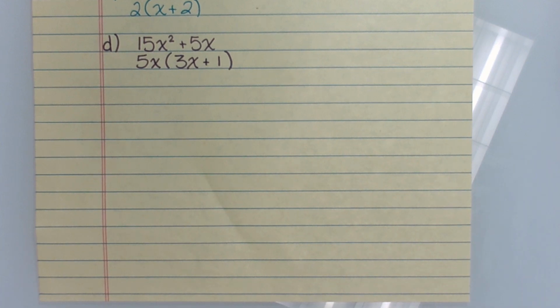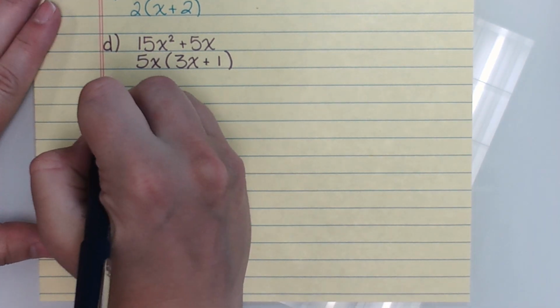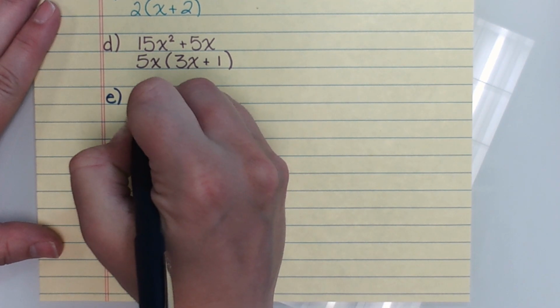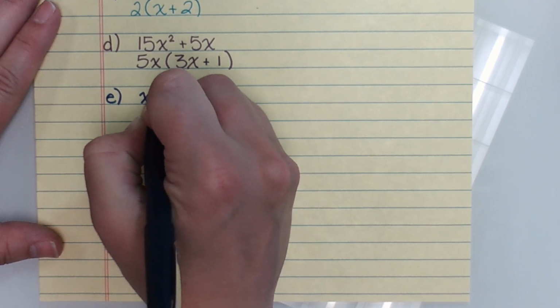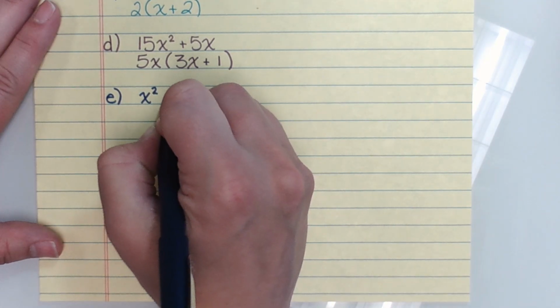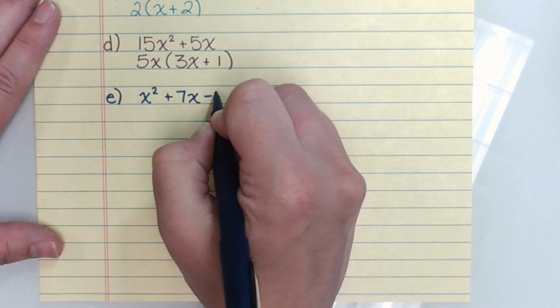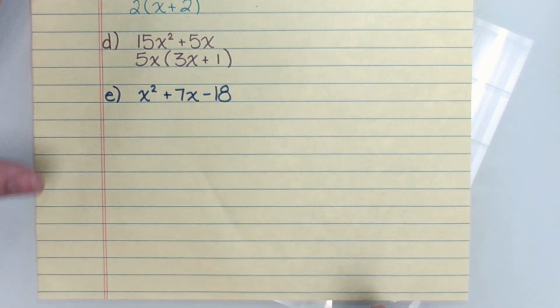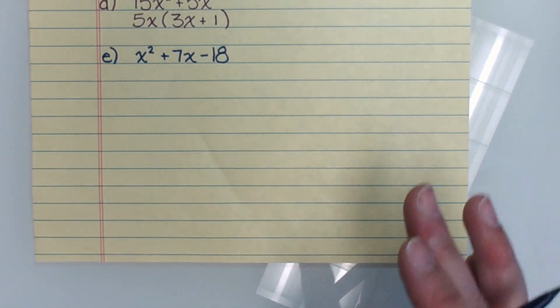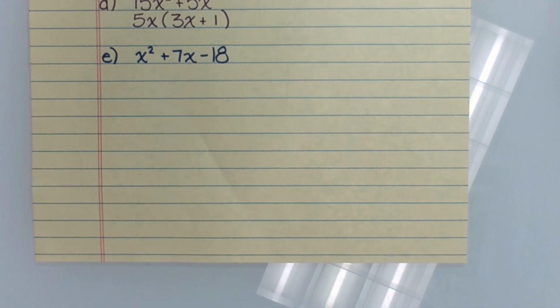Okay, other form of factoring we're going to see is for problems that look like this. Now, just like any other problem, the first thing you should check when I ask you to factor is what is the greatest common factor?